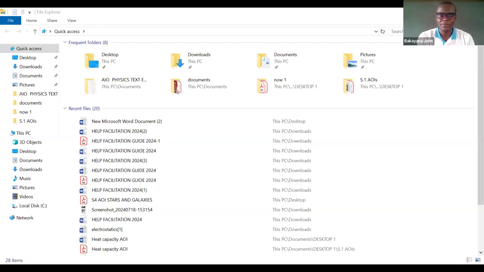Yes, like I'm saying, this side of ours, the screen is stuck on that folder that is having the Microsoft Help Facilitation Guide and the rest.